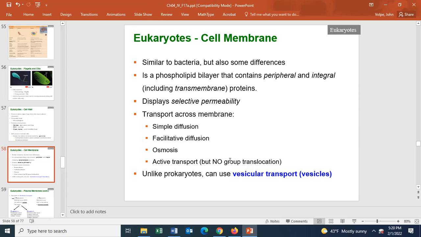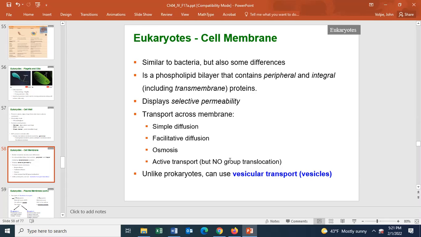It's thought that a long time ago, the eukaryotes simply used whatever they found and whatever worked well. And it's believed they borrowed the cell membrane from bacteria. It's mainly phospholipid. It does have proteins in it. It does show selective permeability.